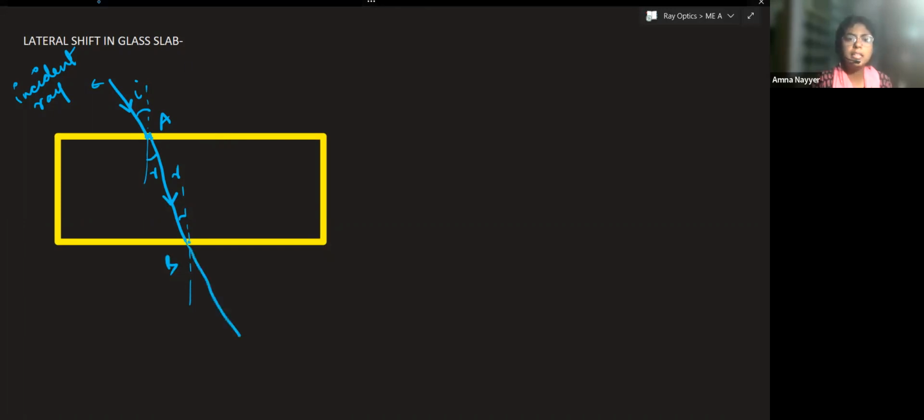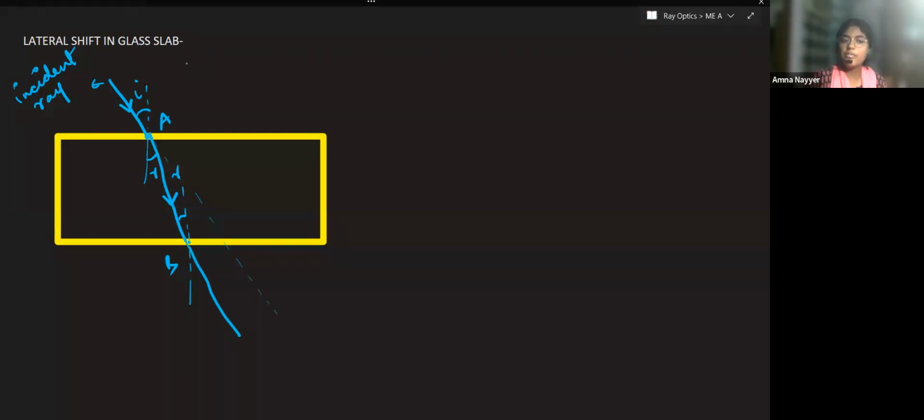And now let's extend the incident ray. If the incident ray was not refracted at the surface, then its path would have been this straight line.